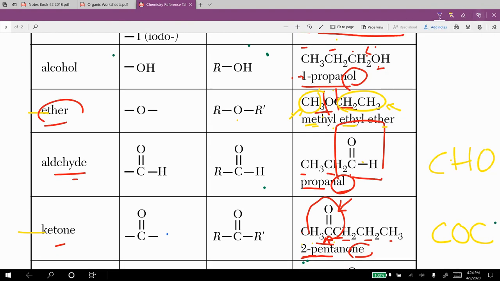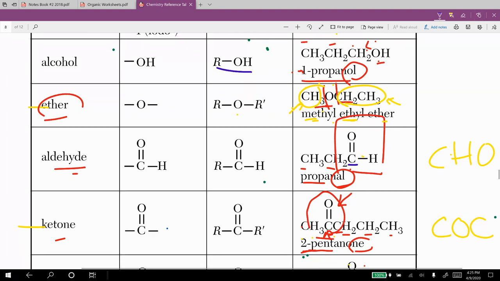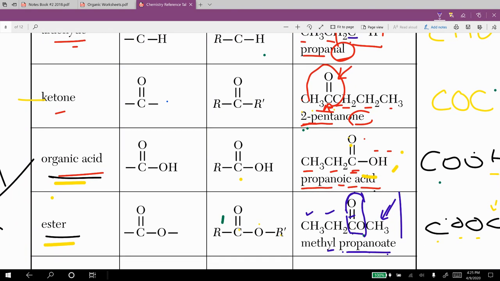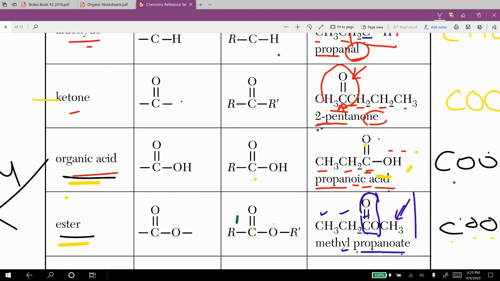It could be the alcohol. And the only other place where I would have an OH, this is not an OH, right? That's not an OH. The only other place where I have an OH is the organic acid, but that has another extra oxygen. So it can't be an organic acid. It has to be an alcohol.